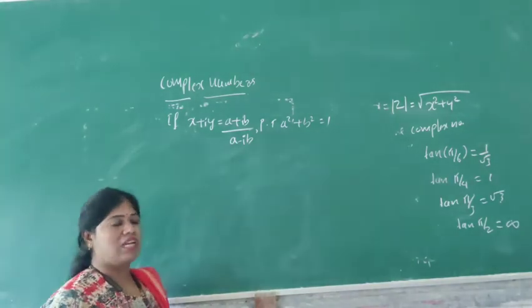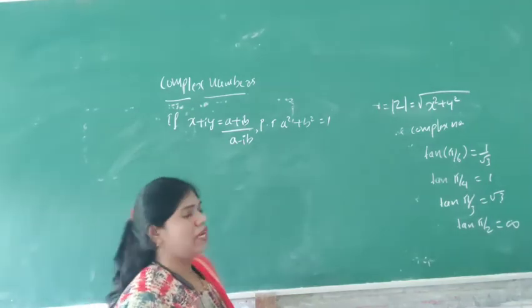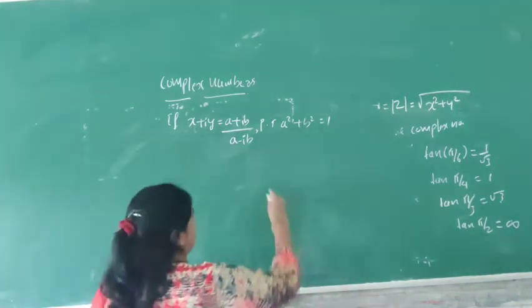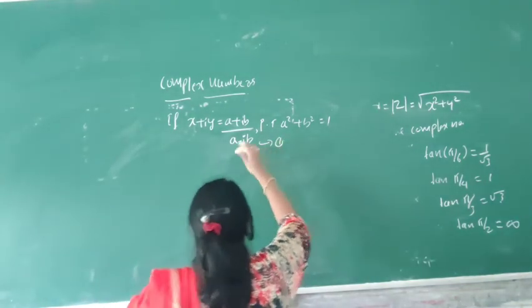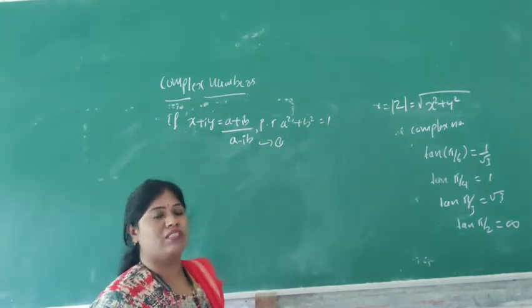So what is x plus iy? x plus iy is equal to a plus ib divided by a minus ib. Call this equation 1. So what is the conjugate of this equation? What is the conjugate of this complex number?